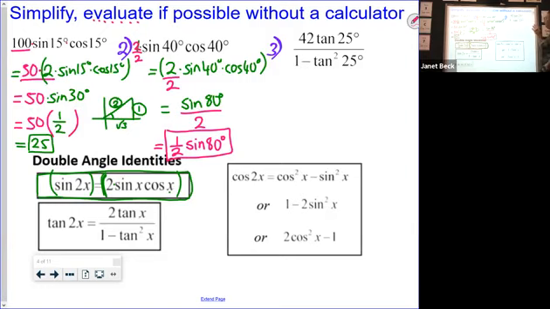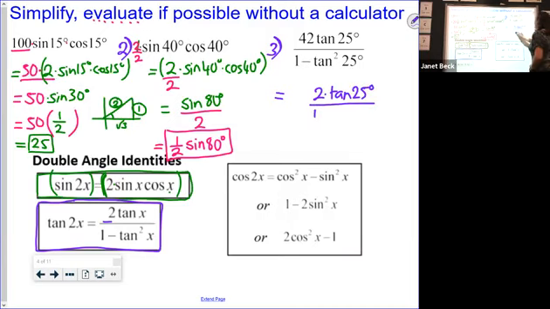And then this third one, when you look at it, you can clearly see that's a tangent. We're doing something here with tangent. So look at this double angle identity for tangent. And think, oh, that doesn't say 42 here, it just says 2. How can I make what I've been given have this as part of it?